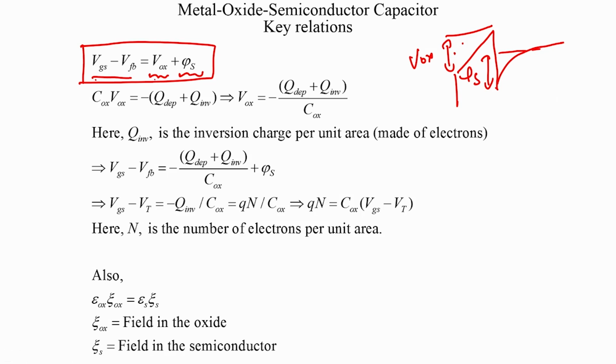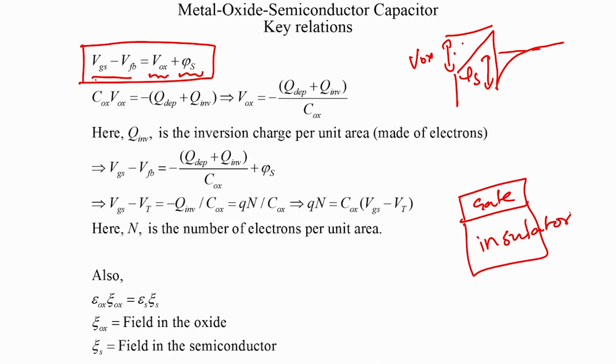But what is Vox? Think of the semiconductor like this. You have the gate metal, you have the insulator, and remember this is a MOS capacitor, and you have the semiconductor, and all the charge here is being compensated by all the negative charges in the semiconductor, be it depletion charge or electrons. So, this is your MOS capacitor in action.